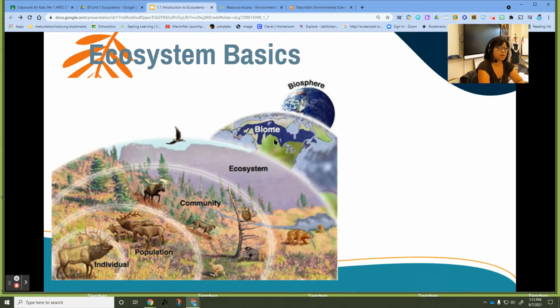Biomes are particular types of ecosystems. A desert is a biome, and a typical tropical rainforest is a type of biome. These are ecosystems that share certain characteristics. If you include all the ecosystems and all the biomes on Earth, then you have the entire biosphere. The biosphere is essentially planet Earth, at least the living portion of planet Earth.